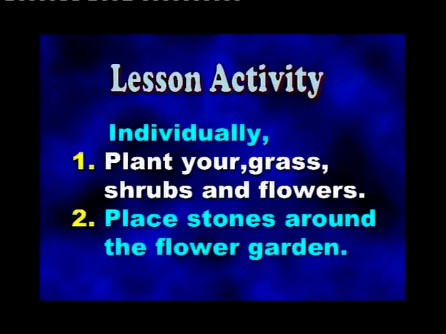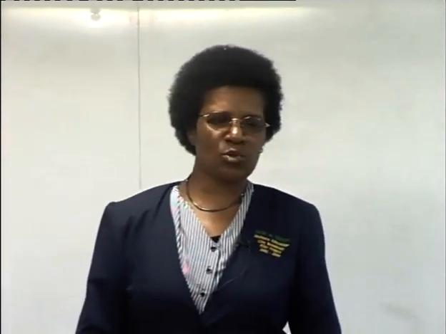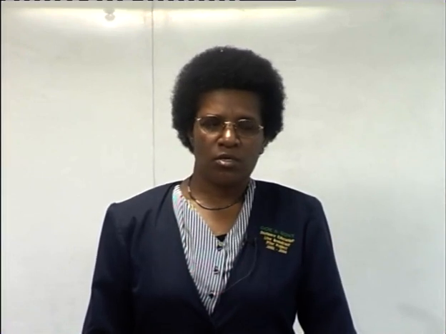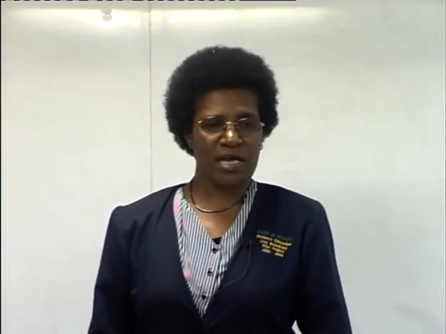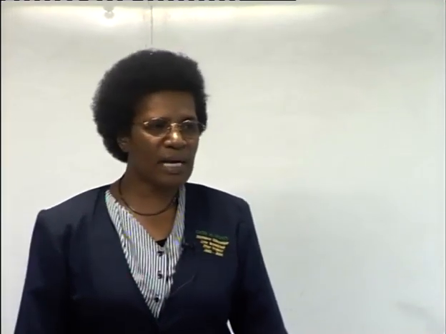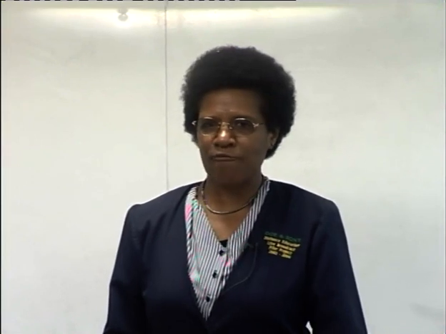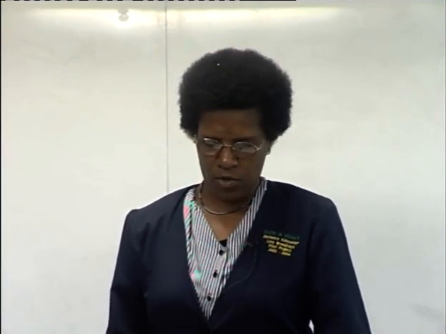Now I will have groups 4, 5, 6, and 7. Both boys and girls will be placing stones around the garden. 1, 2, and 3. You are going to collect grass. Not collect, but get more grass to plant in the garden. So that is the task that is assigned for every one of you to do now.